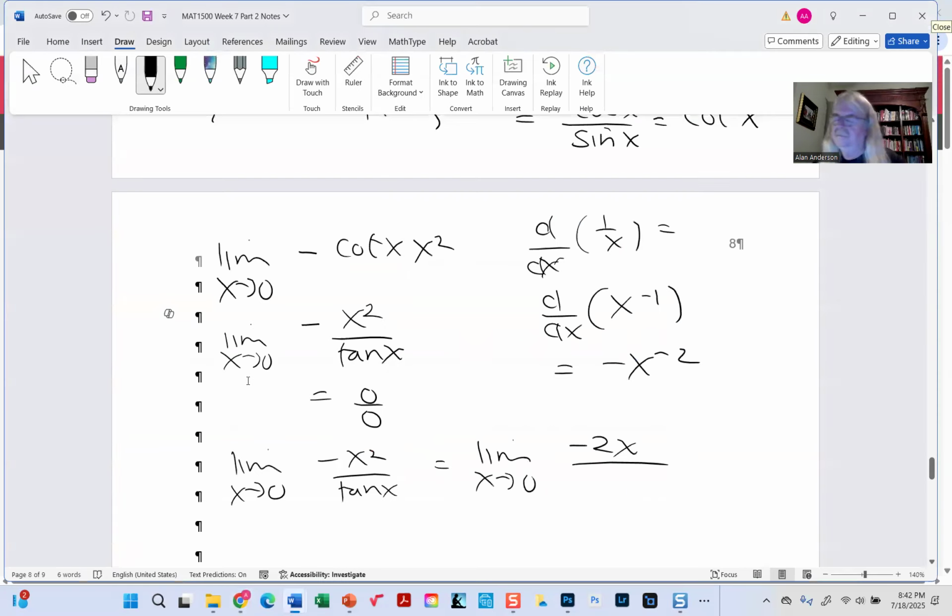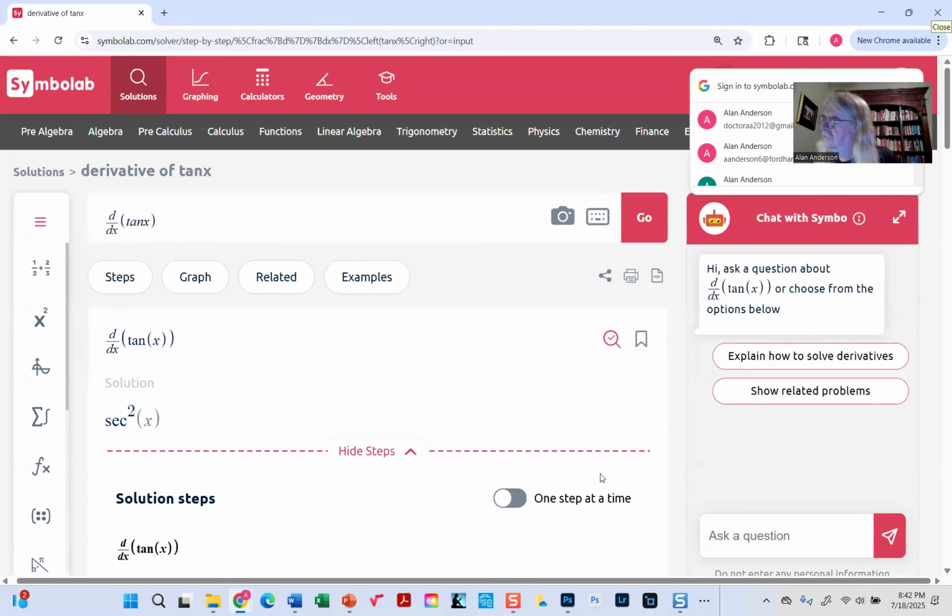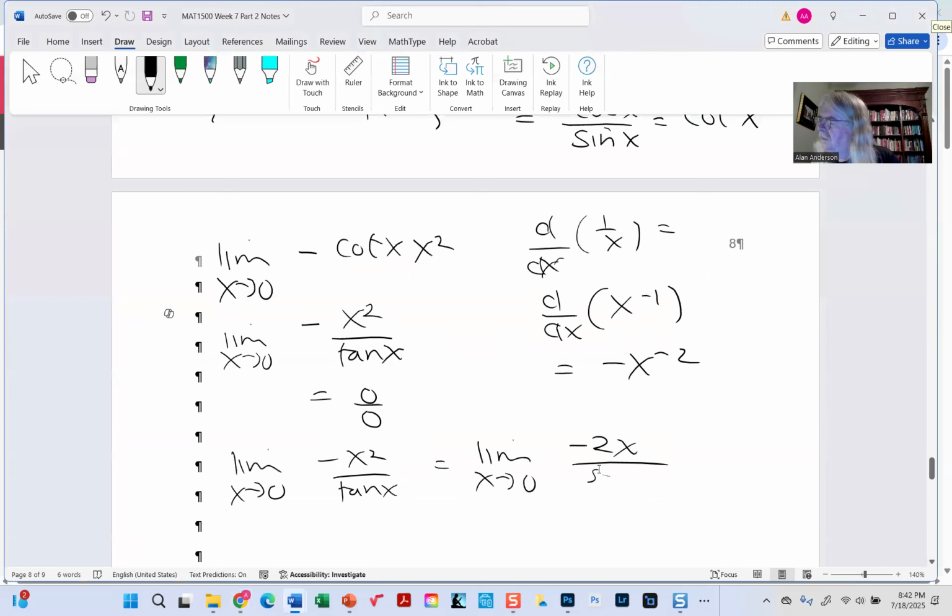So now, as far as that goes, now we've got 0 in the numerator. Let's see what the secant.